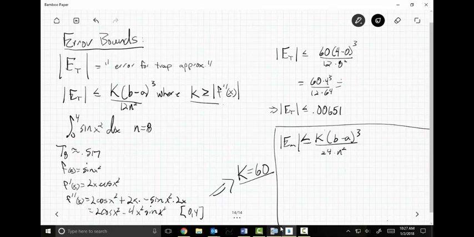So this is going to be less than or equal to 60 times 4 minus 0 cubed over 24 times 64, which is just going to halve this value. So what's that going to be? 0.003255. That's pretty cool.